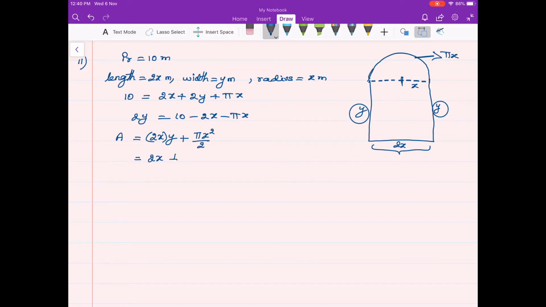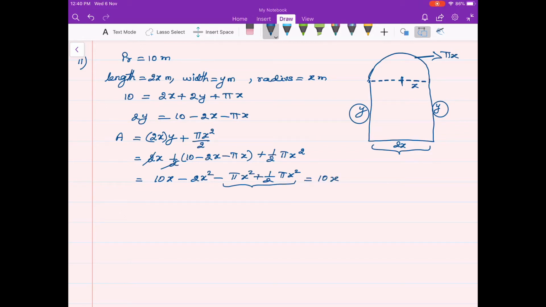A is 2x times half into (10 minus 2x minus πx) plus half πx². Let us open the brackets. We get 10x minus 2x² minus πx² plus half πx². These two are like terms. Minus 1 plus half is minus half. Therefore, it becomes 10x minus 2x² minus half πx².